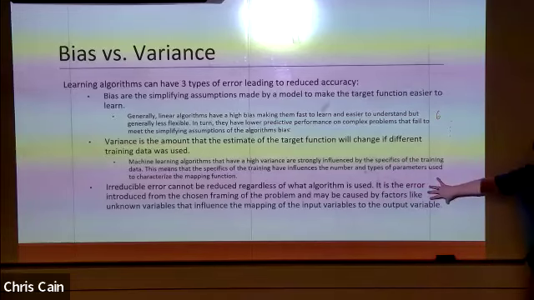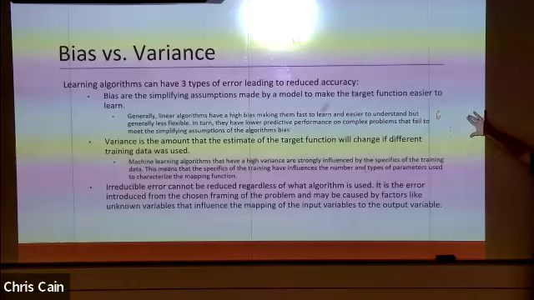So the chosen framing of the problem: what inputs are we using to try to learn the target output? If we're not using the correct subset or the most important subset, then we end up with error that we can't account for because we're not framing it in the problem. I don't care how exciting of a person you happen to be. If you haven't showered in 2 weeks, we're probably not going on a second date.